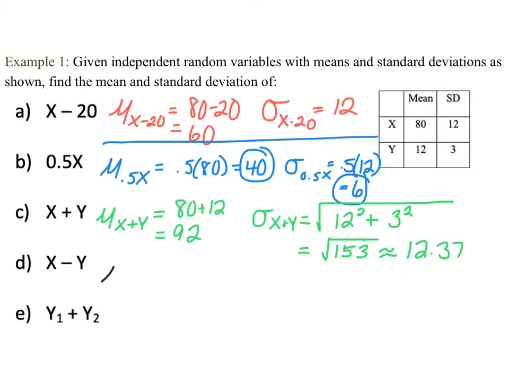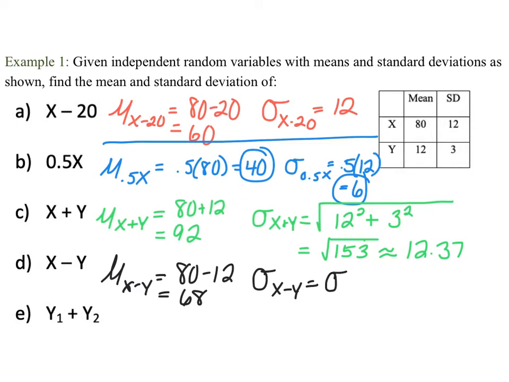Now, I'm going to subtract two random variables, so mu of x minus y. Again, for the means, nothing really special to memorize here or tricky. Rather than just memorizing, it's always good to understand where things come from. So this would be 68, and the standard deviation of x minus y is the same as the standard deviation of x plus y.